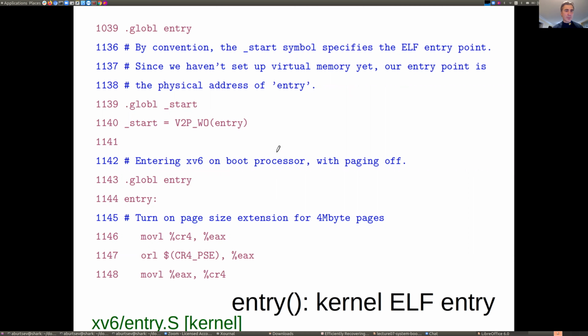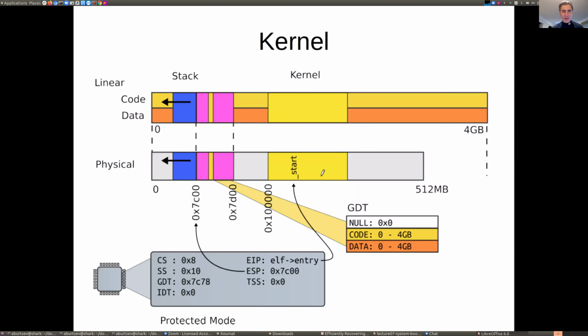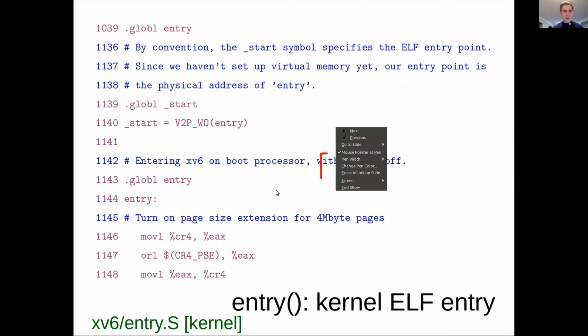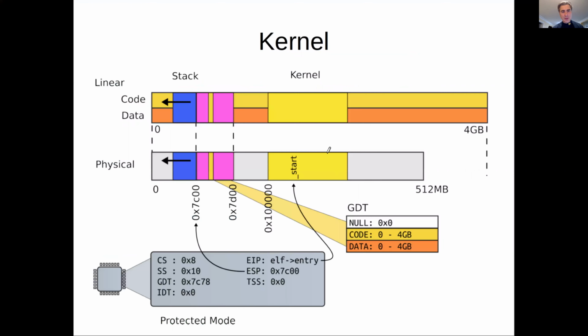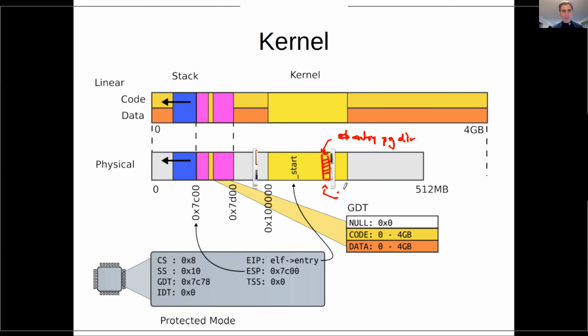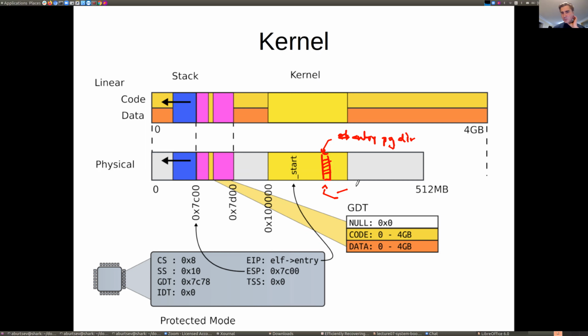So for example, we can put it somewhere over here, right? If this is the data section of the kernel, the entry page directory can be just here, right? So how big should it be, do you know? Who can tell me the number of bytes?